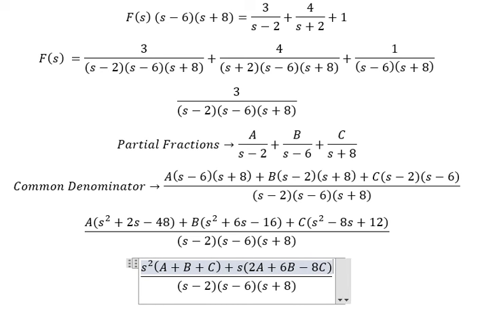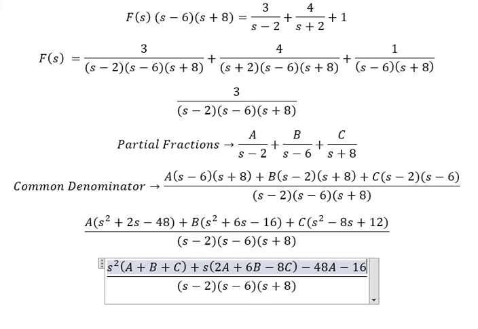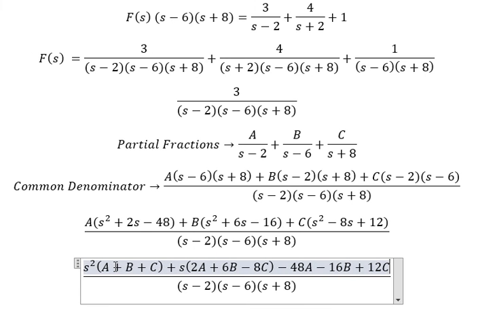About the numbers, we have negative 48A, negative 16B, positive 12C.